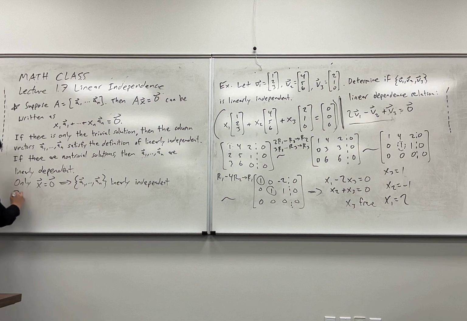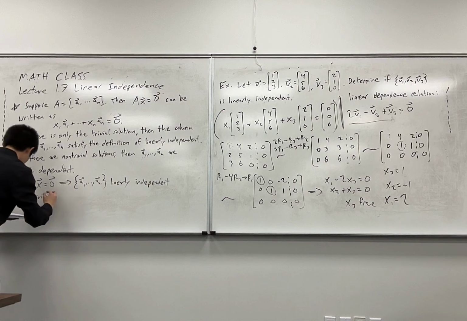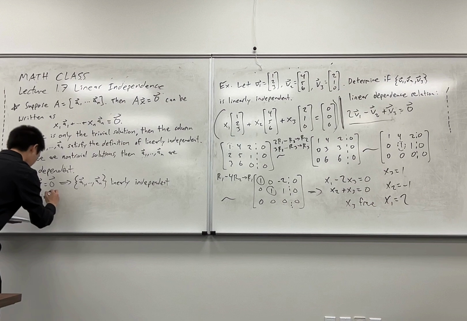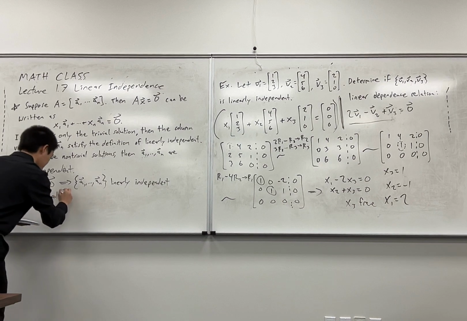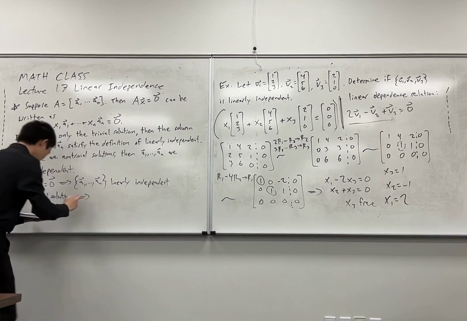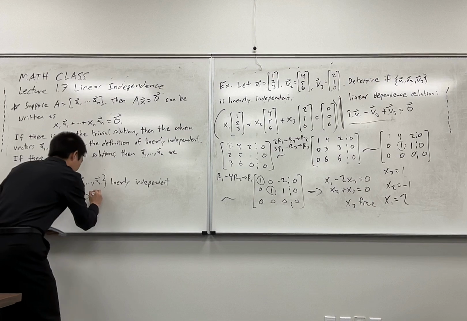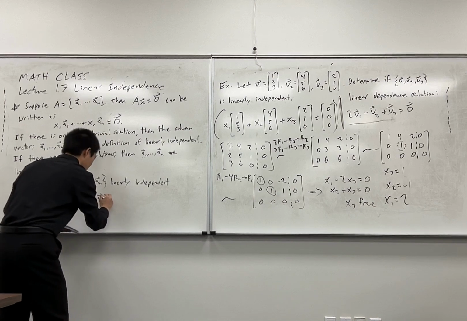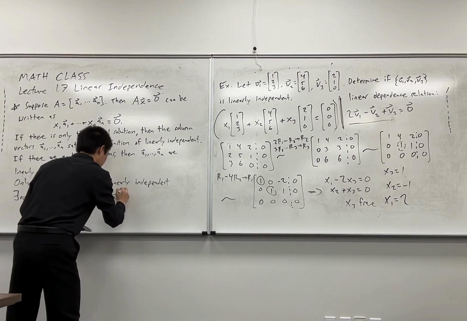And then if there exist non-trivial solutions, that's going to imply that my set of column vectors is what?